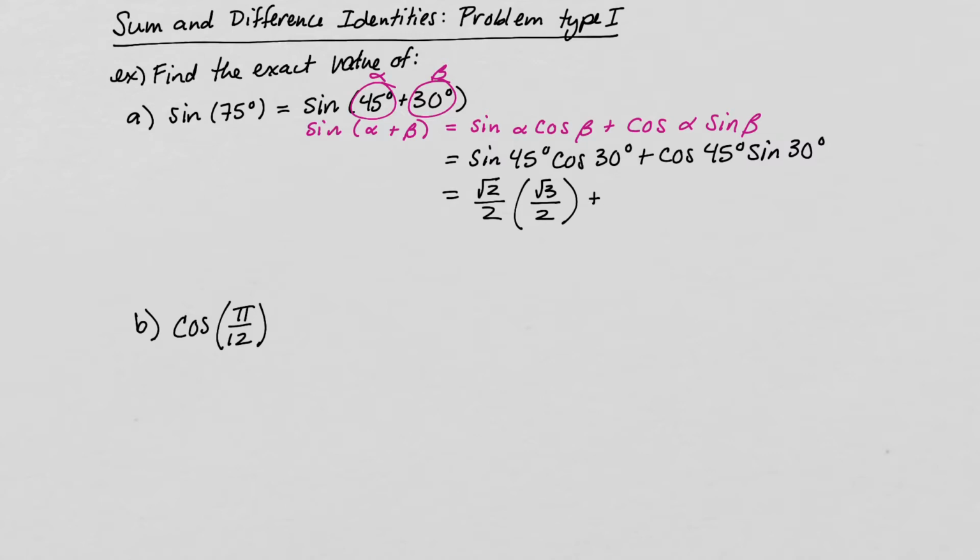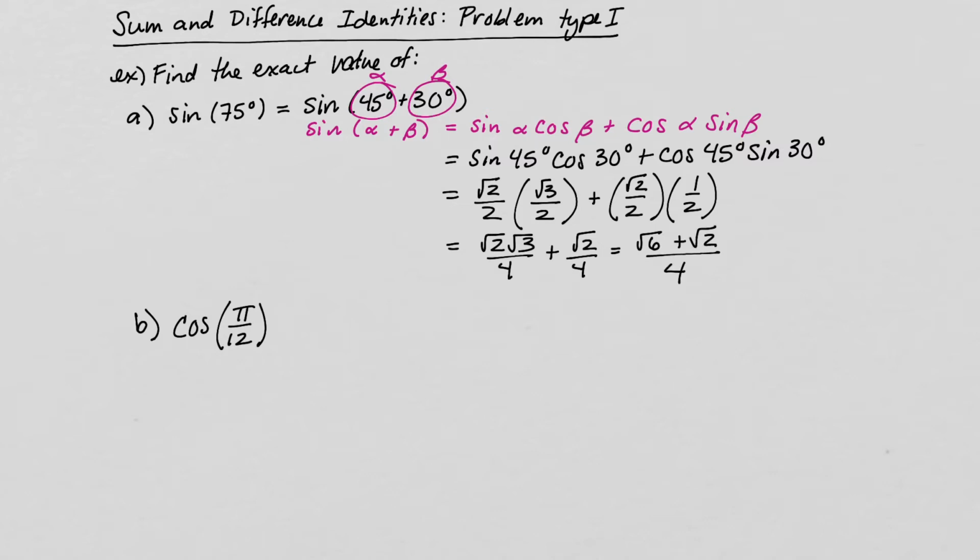Plus the cosine of 45 degrees is another root 2 over 2. And the sine of 30 degrees is 1/2. So we end up with root 2 times root 3 over 4 plus root 2 over 4. And root 2 times root 3 is root 6. So root 6 plus root 2 all over 4.